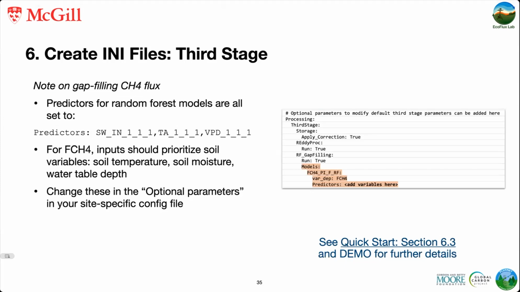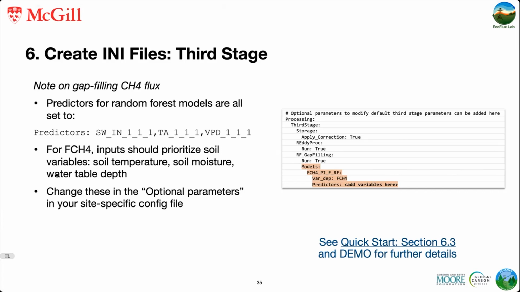So just a note on gap filling methane flux. The predictors for the random forest models are currently all set to these variables: shortwave radiation, air temperature, and vapor pressure deficit.